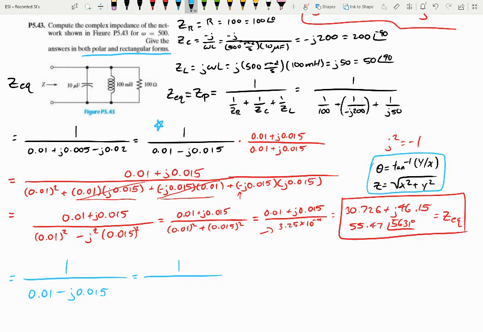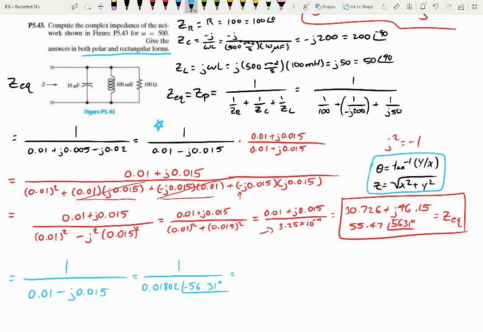And when I do that, I'll get 0.01802, an angle of 56.31 degrees.